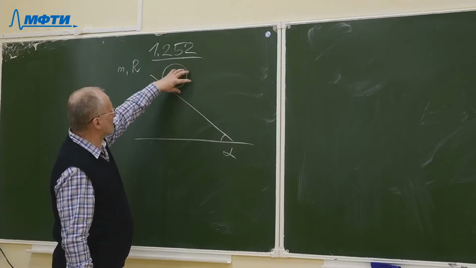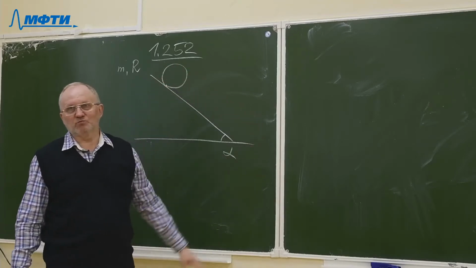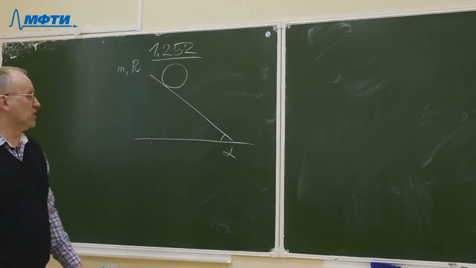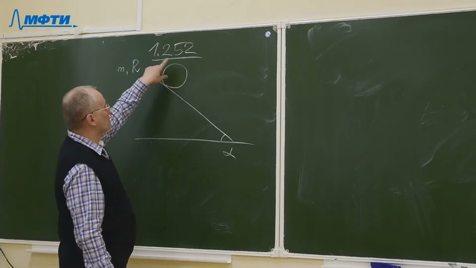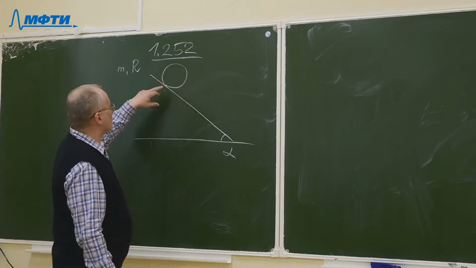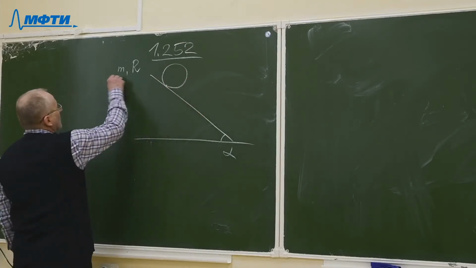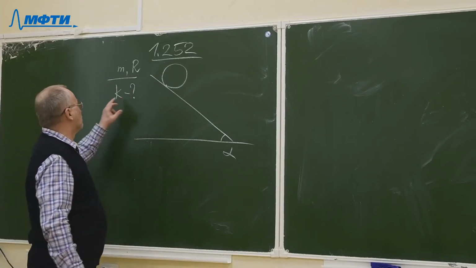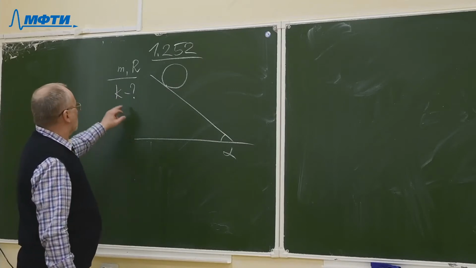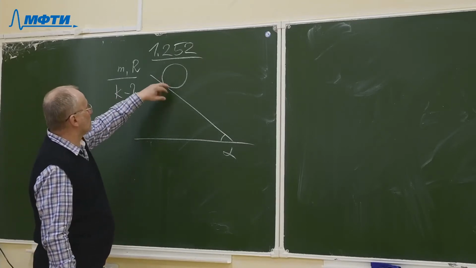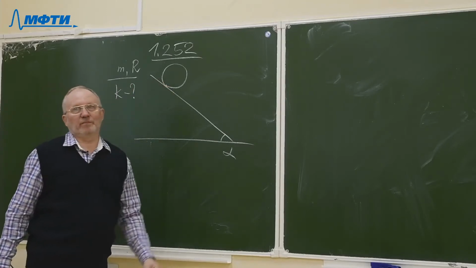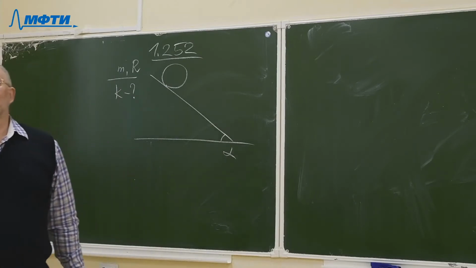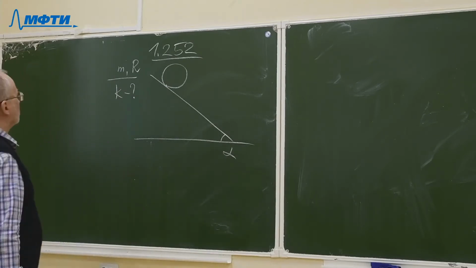So in order for the sphere to roll without slipping, we must have some friction coefficient, and we have to find such friction coefficients which will ensure absence of slipping, so that the sphere rolls down without slipping.